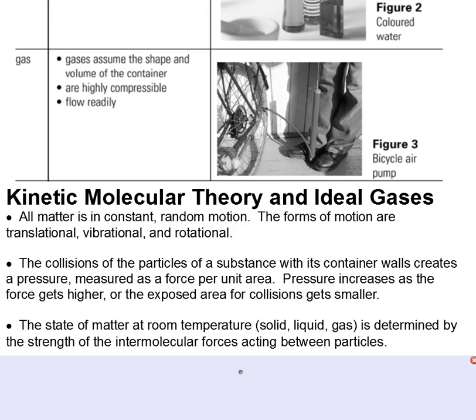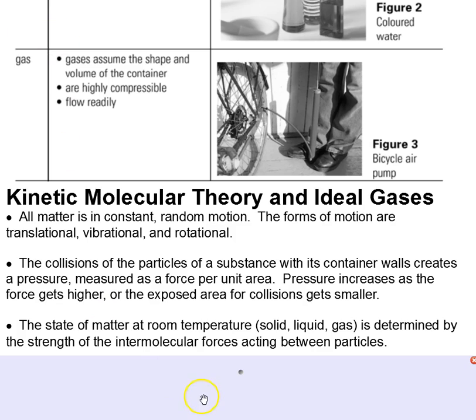The third point we want to make here is that the state of matter is almost entirely determined by the strength of the intermolecular forces. At room temperature, whether it be a solid, liquid, or a gas, the attraction between particles is going to determine whether or not they have only vibrational motion or whether they have primarily translational motion.